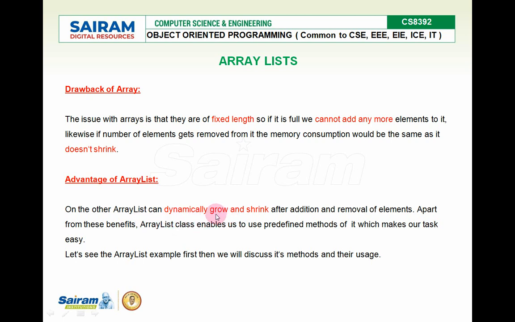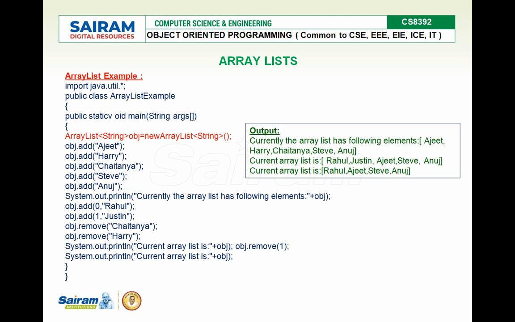You can add any more elements as you want, and you can also shrink the array where there is no element in the ArrayList. That is the advantage of ArrayList, which has been a problem in the old traditional built-in array, which has been resolved in the ArrayList. Let's see an example, we'll understand clearly.